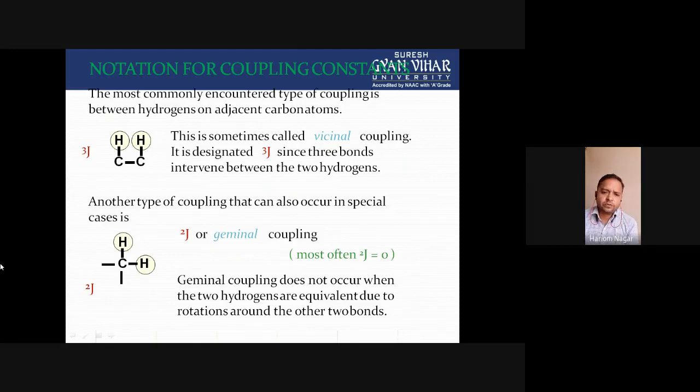Why is this the highest value? Because vicinal protons, if they are present on opposite sides, in the trans position, at a 180 degree angle between these two protons, the coupling constant will be very high.